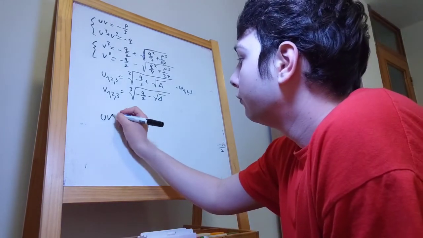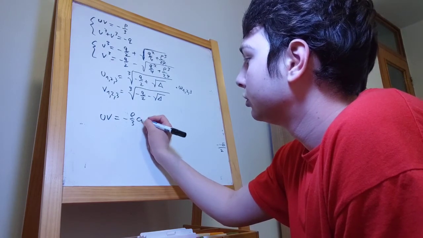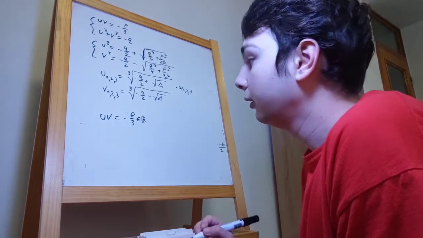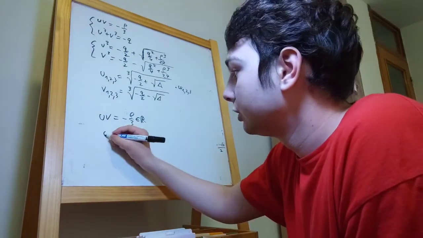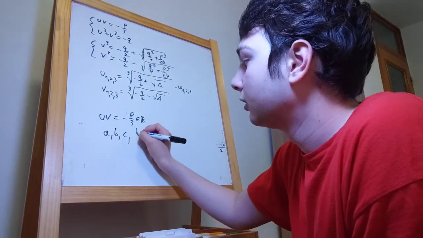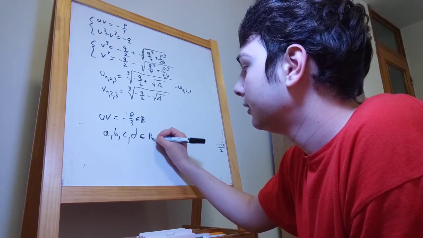since uv is a real number, minus p over 3 is a real number, because in the third degree equation we choose a, b, c, d, the coefficients of the equation, to be real numbers.